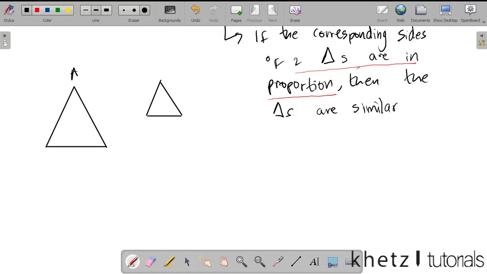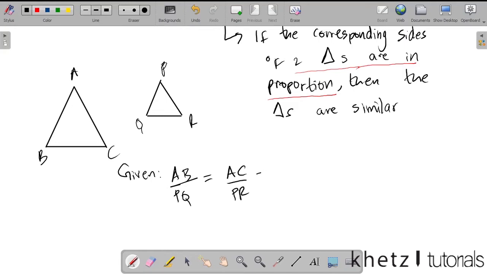Let's call this A, B, and C. Here we're going to have P, let's say Q and R. We have two triangles. And we're given that they're in proportion, which means AB divided by PQ is equal to AC divided by PR, which is also equal to BC divided by QR.